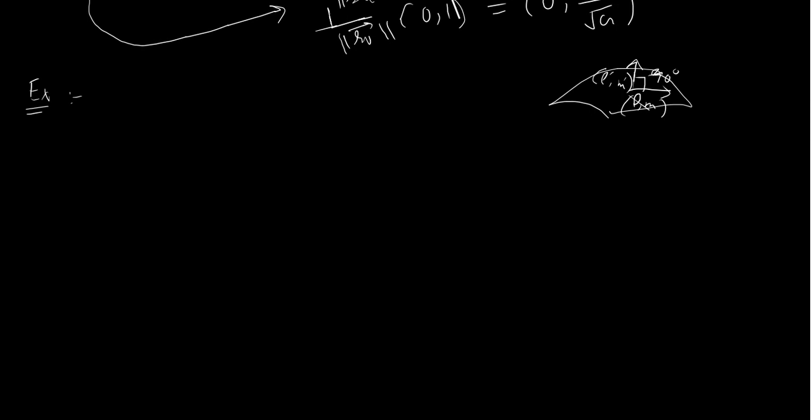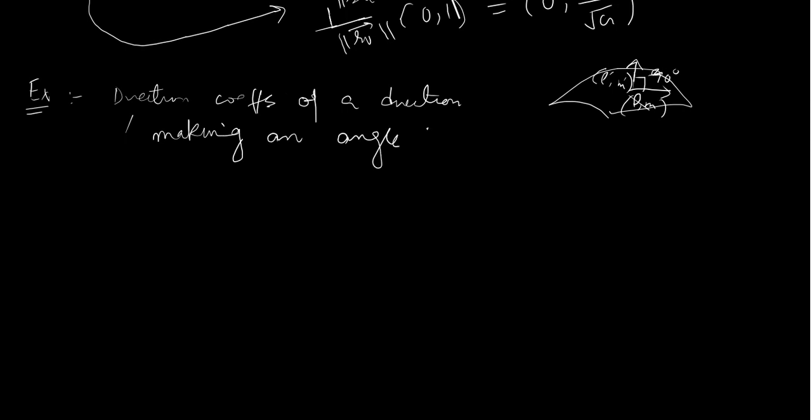So you have to find the direction coefficients of a direction making an angle pi by 2 with the direction with direction coefficients L, M. It's a very simple exercise.